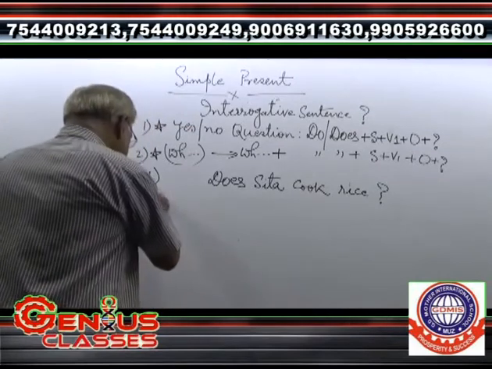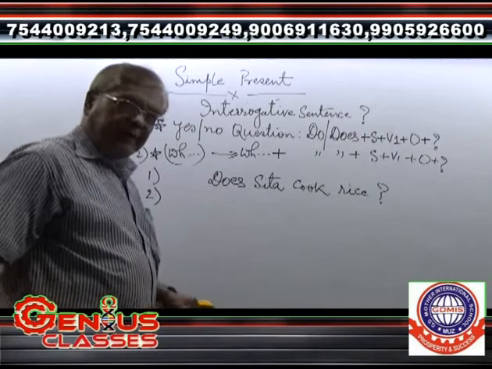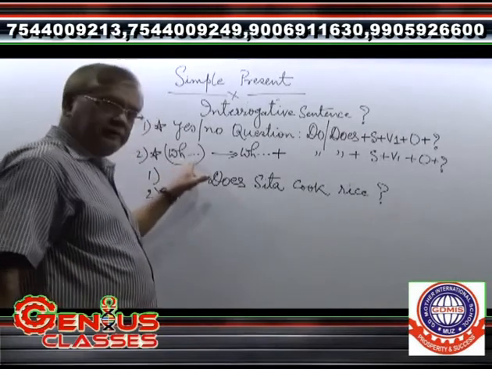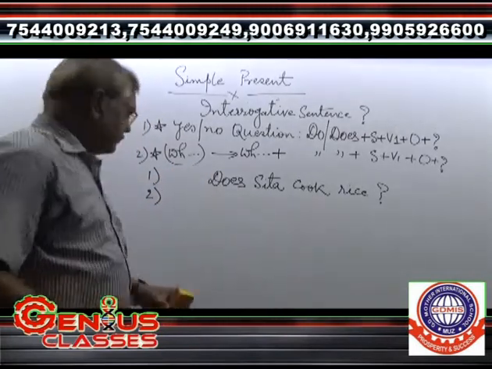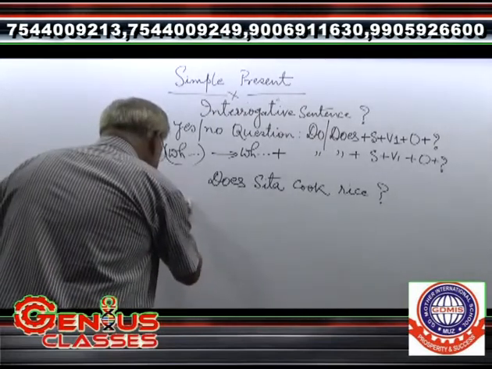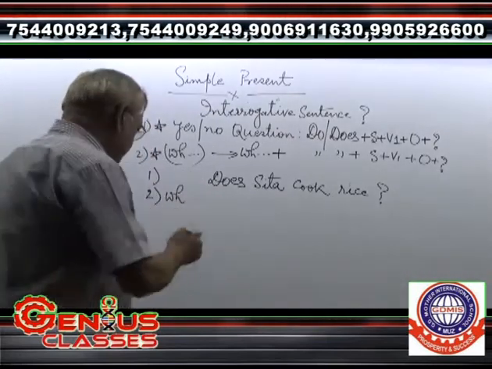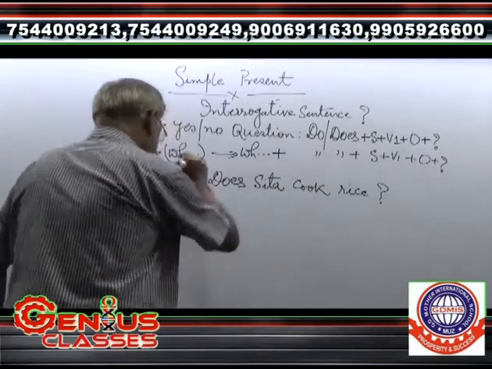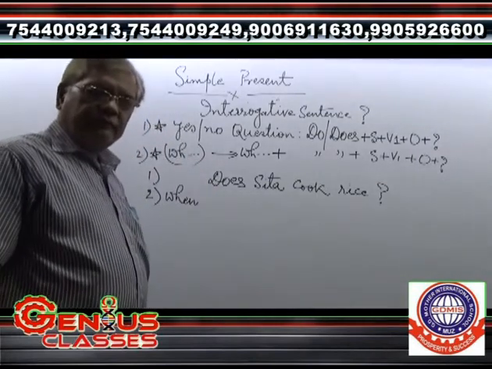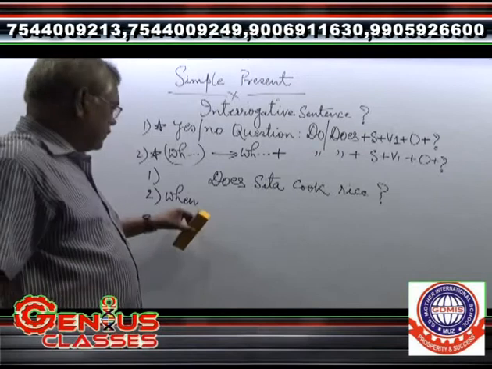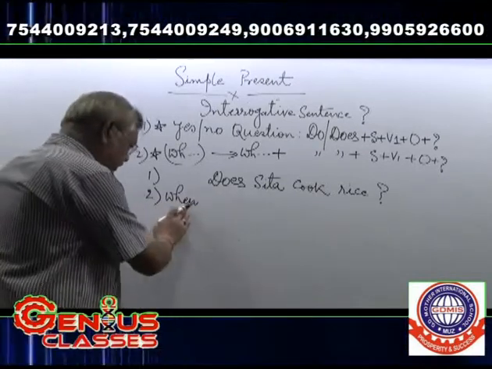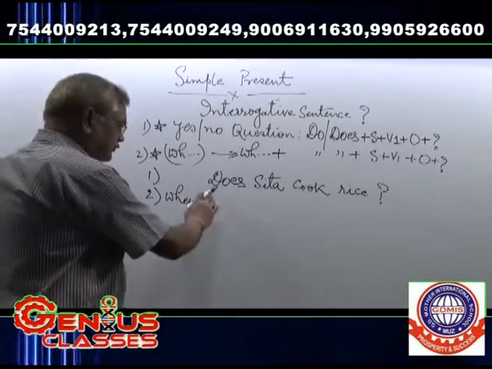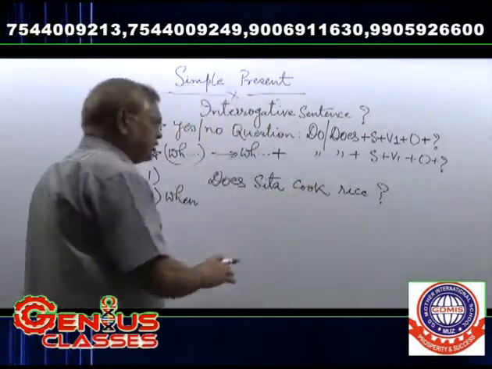Now, second one, if we apply WH word, like why, which, when, where, whatever. The first WH question, for example, like when. I have written the word when, that is WH question. After writing this, the same sentence is to be repeated.